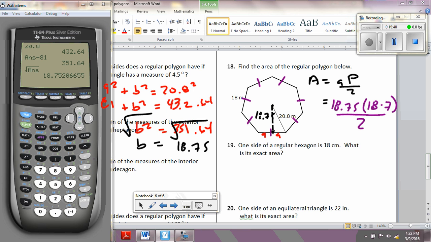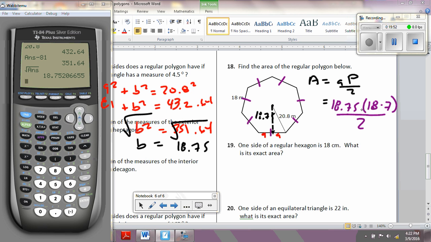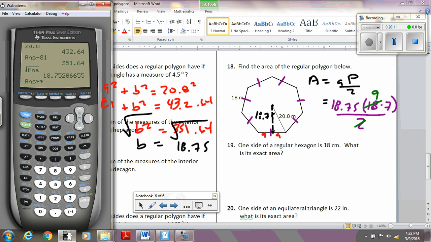Remember some of our shortcut rules to help you out on less calculator keystrokes. The even number I have at the top is 18, so I can cut that in half and get 9. So now when I grab my calculator, the only thing I'll type in is my apothem, leaving its exact answer, times 9, times 7.